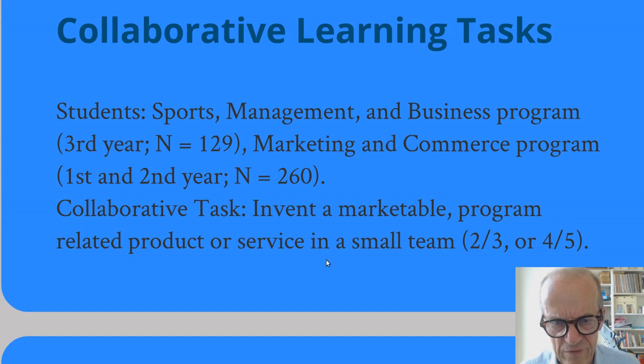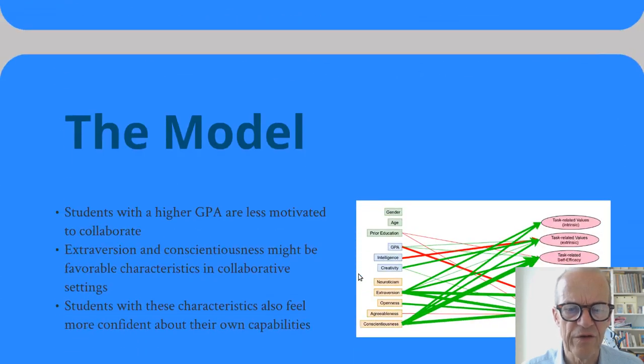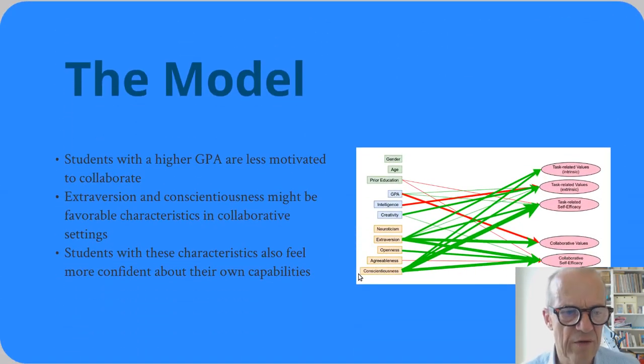So they had to invent a marketable program-related product or service in a small team, either 2 or 3 members in the team or 4 or 5 members in the team. That was the task the students had to complete. And we were interested in the extent to which they were motivated to do that particular task. Okay, now as I said, we measured various variables.